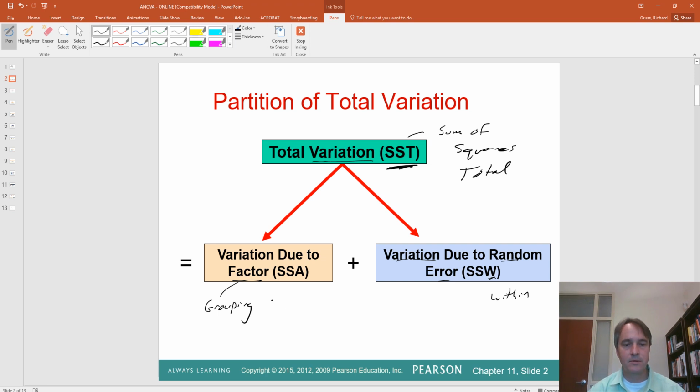This could be employee A versus B versus C, or in our later example, we're going to be comparing the average drive distances among 3 different golf clubs, so club A versus B versus C. Whatever you're doing, the grouping is going to have some impact on the variability, and what we want to find out is how big this is compared to this.